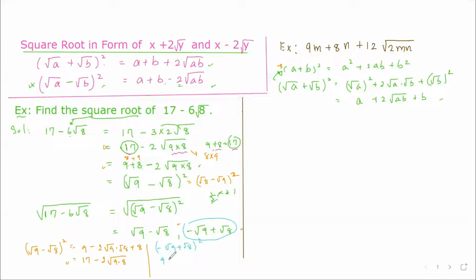And then this one is going to be minus 2ab, right? So minus 2 times square root 9 times square root 8, correct? And plus 8. Then this becomes 17, and this one minus square root 9 times 8. Same thing, correct? You see that? They're the same. So that means from this one, you can let it be 9 times 8 or 8 times 9, it's okay.